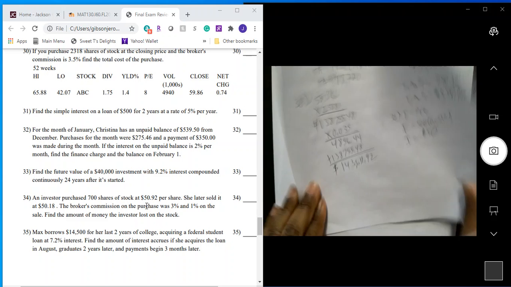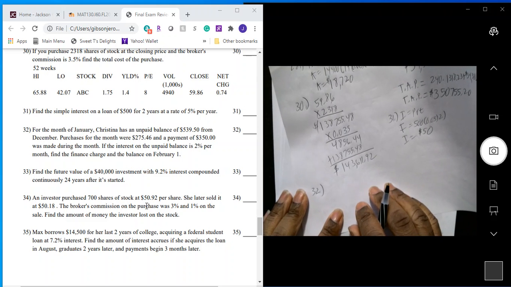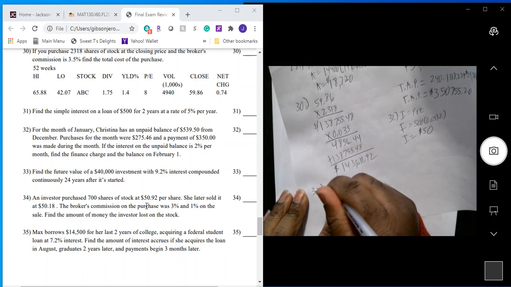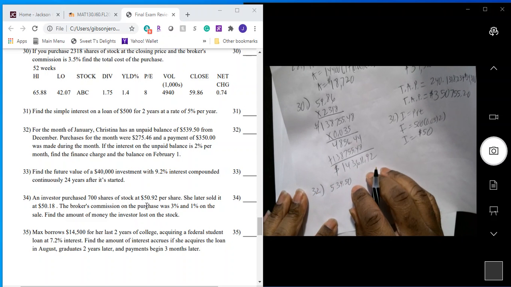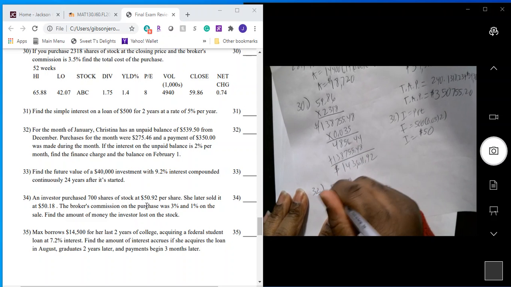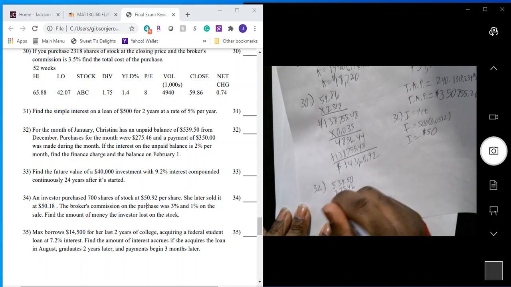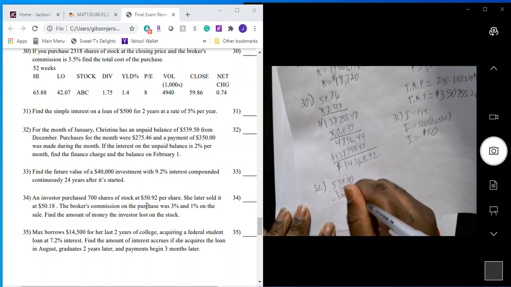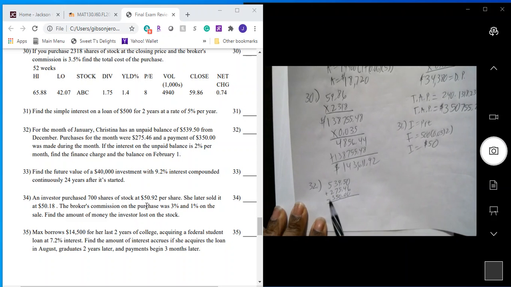First of all, we would take the unpaid balance of $539.50. And then they said they made a purchase of $275.46. And then they made a payment of $350. So we're going to add this $275.46, and then we're going to subtract $350.